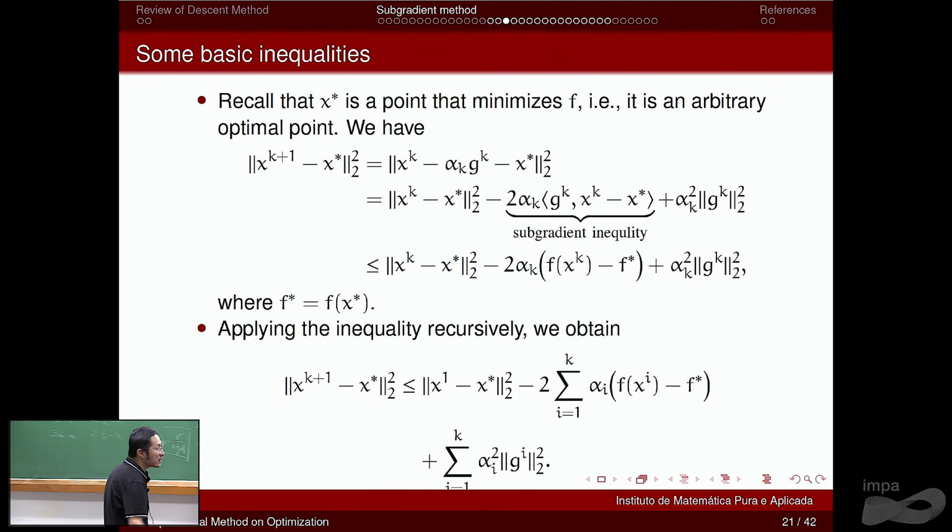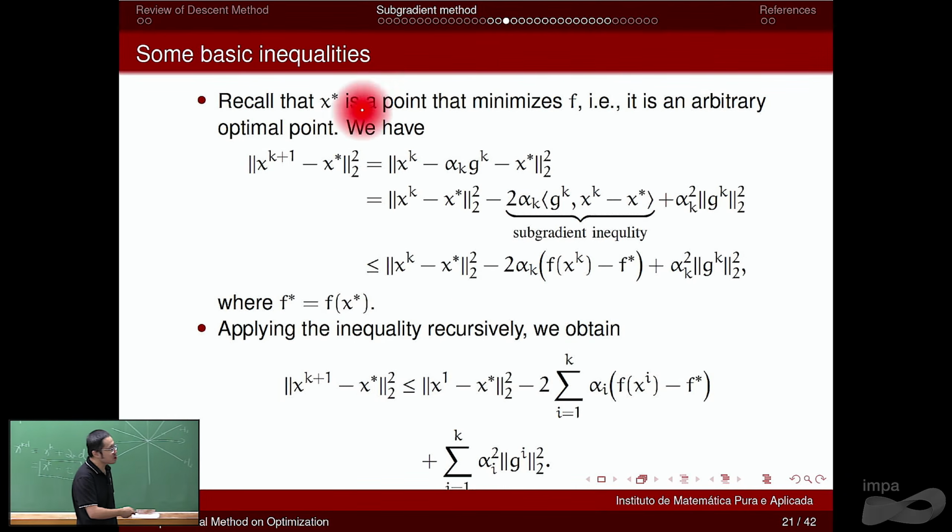Okay, do not forget the function f is convex, and the gk is a subgradient of function f at point xk. So we use the subgradient here, but do not forget you have the minus here.